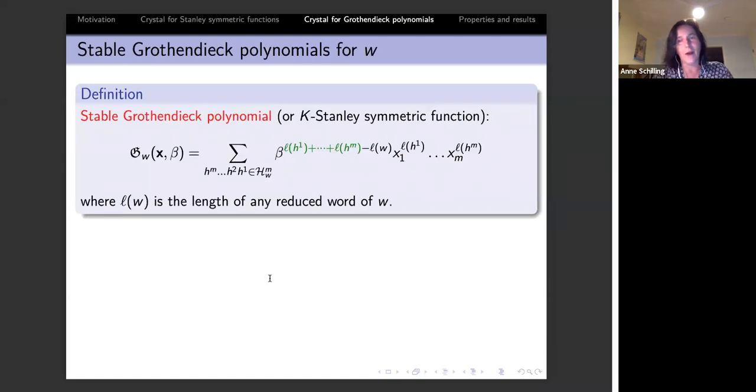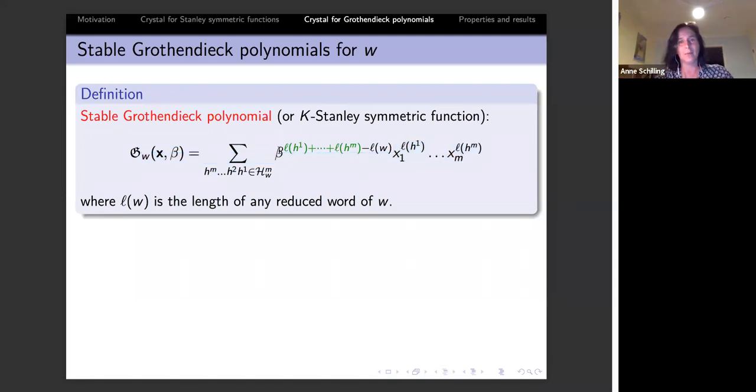Okay, and then we defined last time the stable Grothendieck polynomial as follows. It's indexed by a permutation. Then we look at all possible decreasing factorizations, and we write it in terms of monomials by saying x1 to the length of the first factor, x2 to the length of the second factor, and so on.